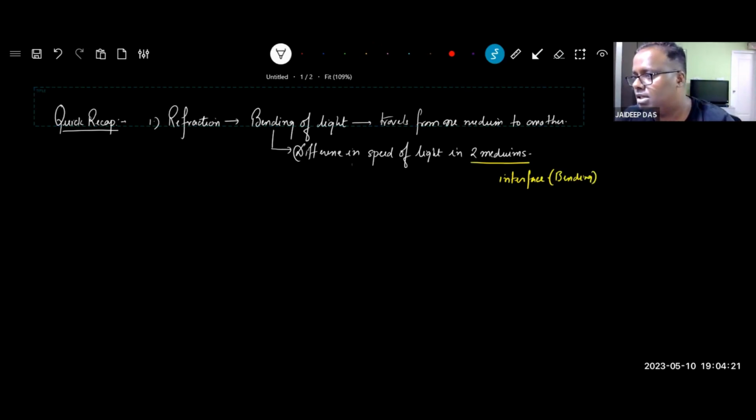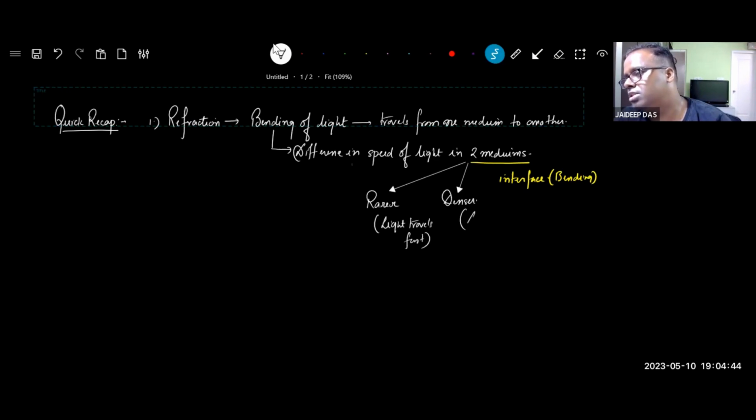The two mediums then get classified into two different names: one is known as rarer and one is known as denser. Rarer is a medium where light travels fast, which means less obstruction. Denser is where light travels slow.